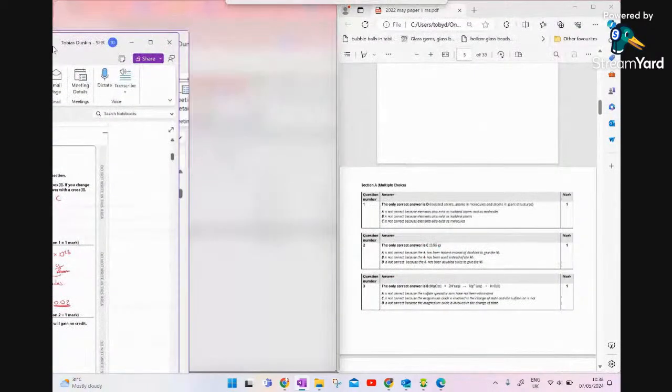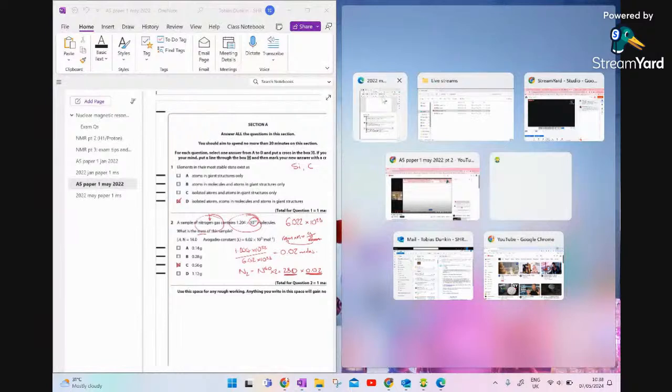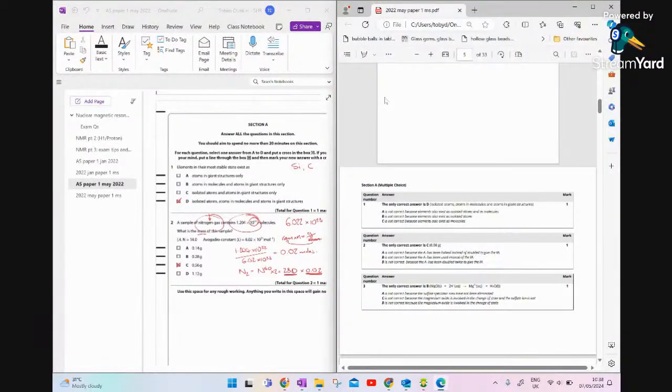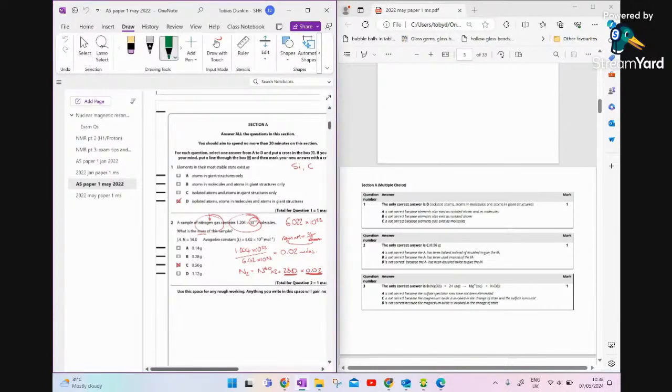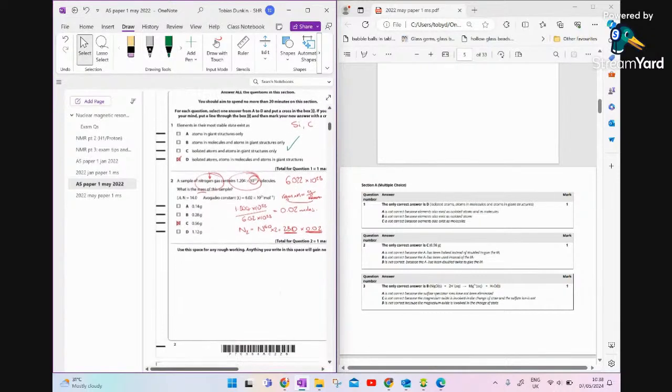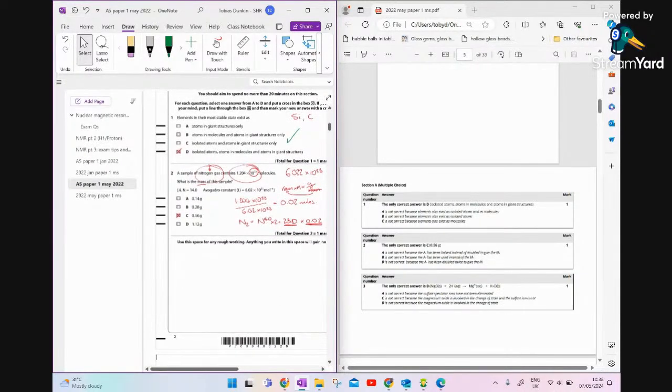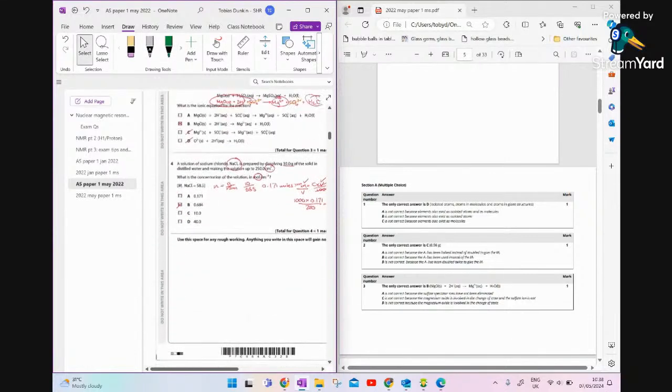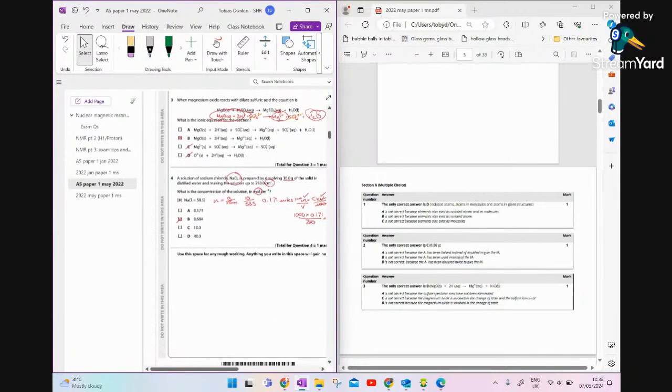All right, let's just check the multiple choice because it was an interesting set of questions. I'll get rid of my keyboard. There we go. Okay, so question number 1, I'll do it with a green pen. The first question was D, yeah. Isolated atoms, molecules, all explained. C, 0.56 grams, nice. Question number 3 was B, correct.